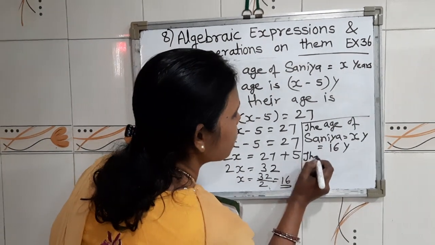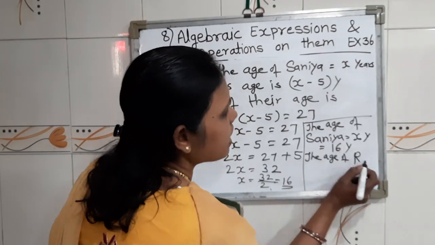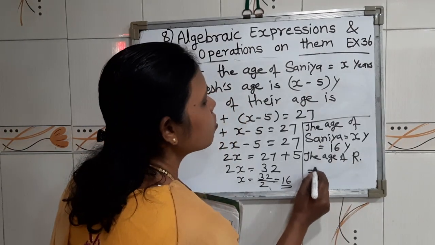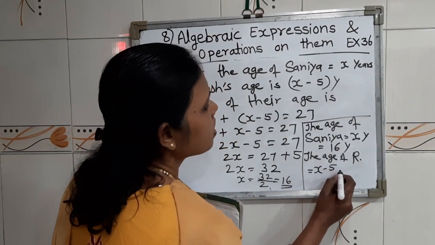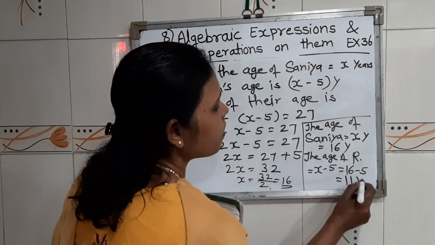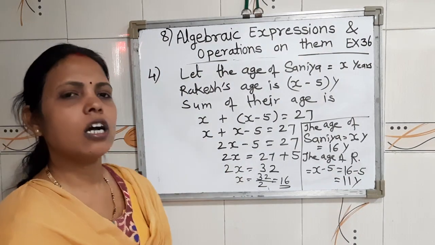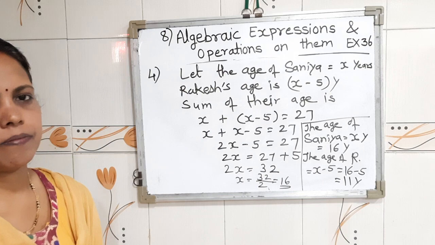The age of Rakesh equal to x minus 5, that is 16 minus 5 equal to 11 years. I hope you all understood the solved sum.